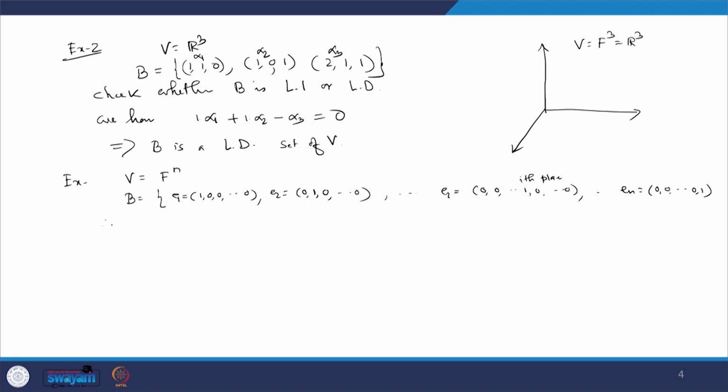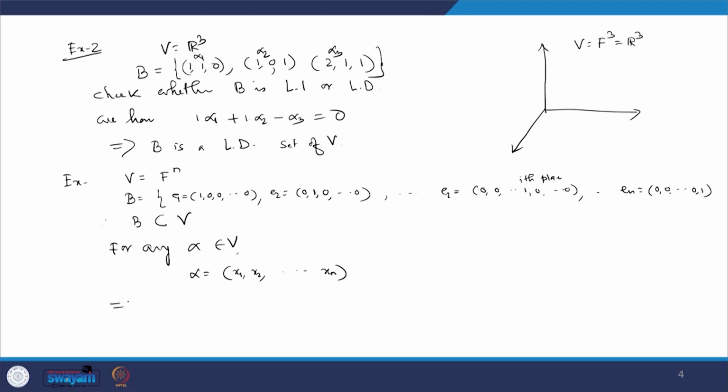Okay. So, B is a subset of V. Now, you can immediately check that B is a linearly independent set of V, because for any alpha belonging to V, alpha will be of the form (x1, x2, ..., xn). So, it is the n-tuple.